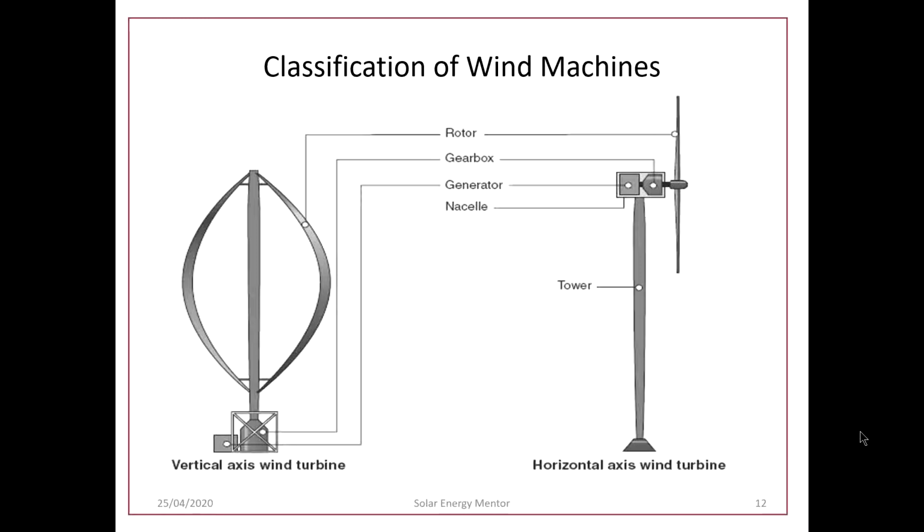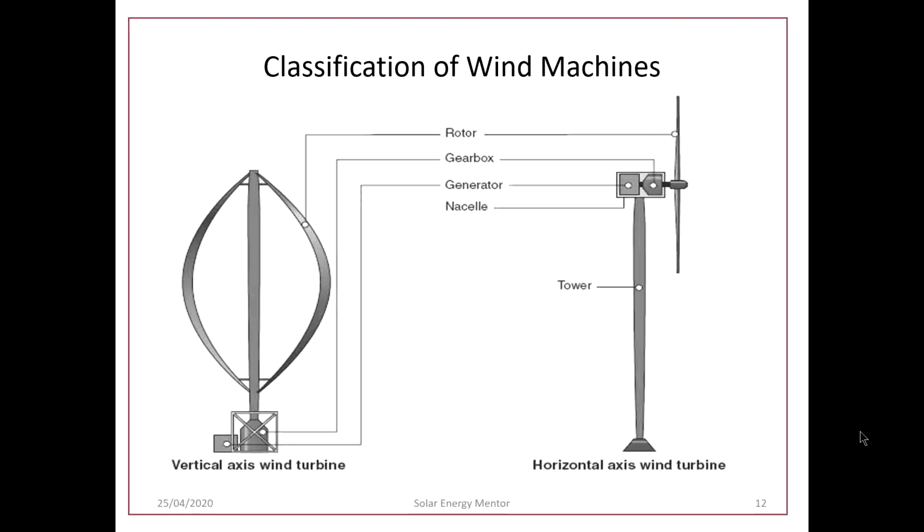Wind machines find application since ancient times. In ancient times, they were better called windmills. They were used to pump water, to grind the flour, and to do small mechanical work.